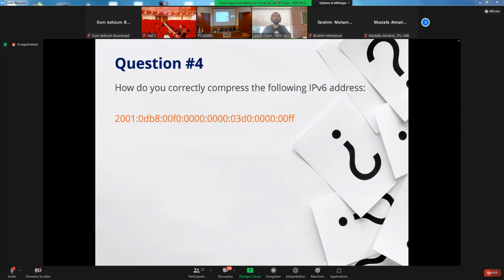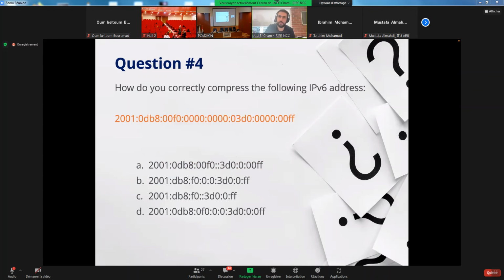All right. Question number 4. How do you correctly compress the following IPv6 address? This one should be easy. A few more seconds. Okay.